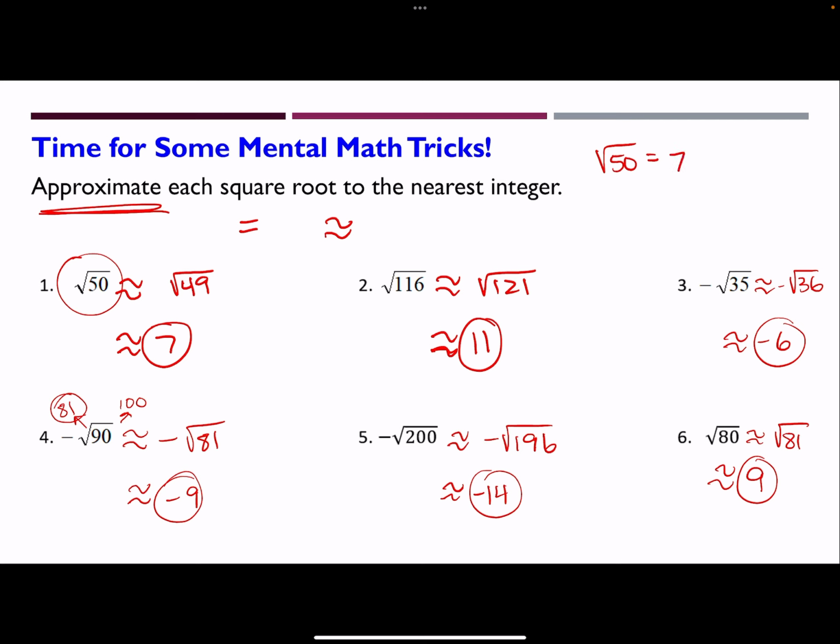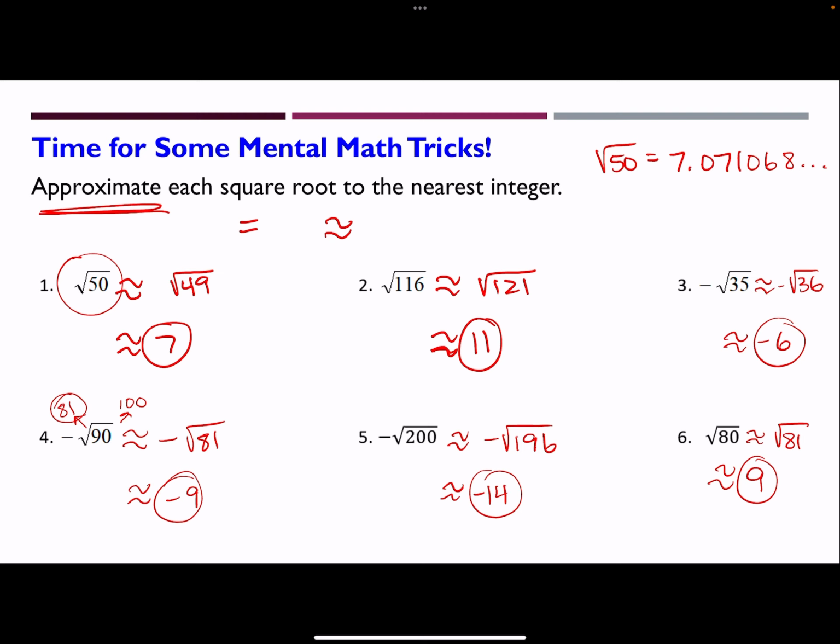When I look at my calculator, I get 7.071067... and more decimal places. But remember, when we classified numbers, we said that this is called an irrational number. It doesn't end and it doesn't repeat.